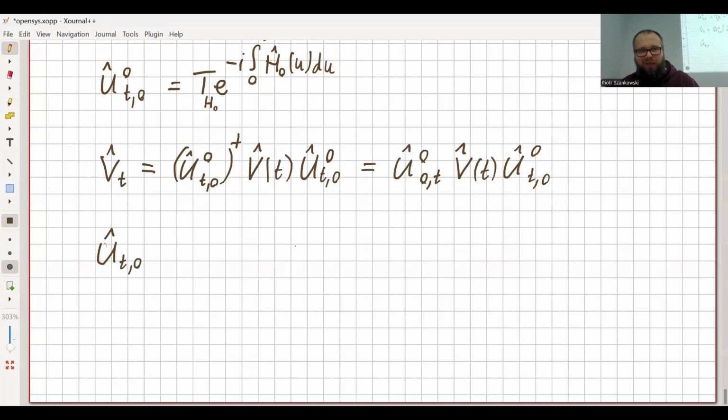So U without 0 is again time ordered exp minus i integral V_I(u) du. But this time I will insist on putting in this index to remind us that this time ordering orders V's, V_I's, okay?